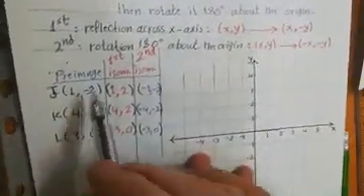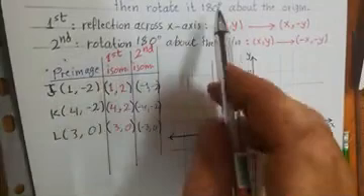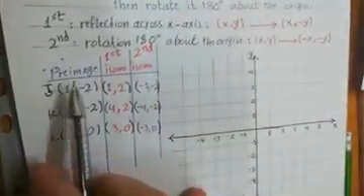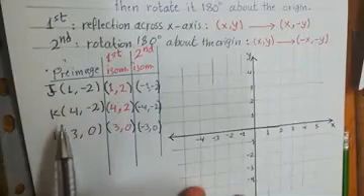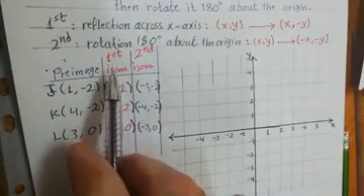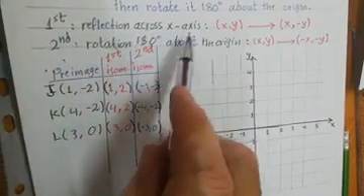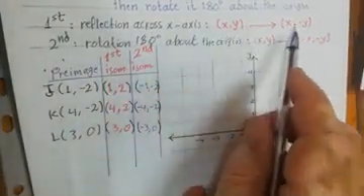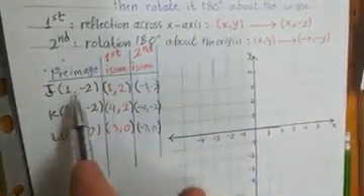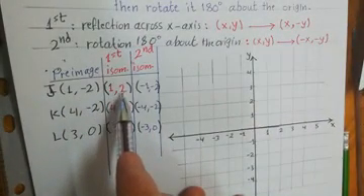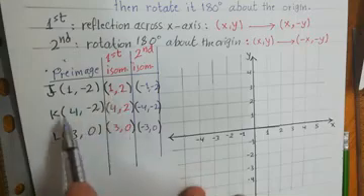So I made this table for our triangle here. This is the pre-image, the original image, J (1, -2). The first transformation, the reflection across the x-axis, makes each (x, y) into (x, -y), so (1, -2) will be (1, 2).